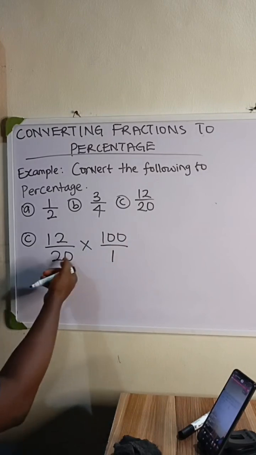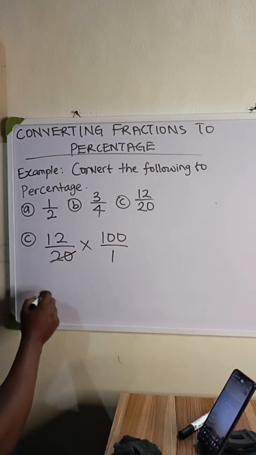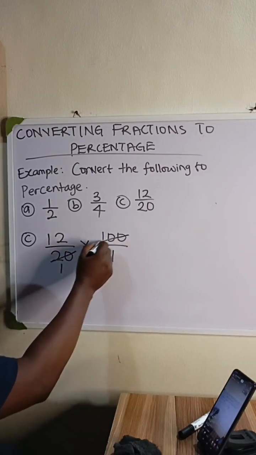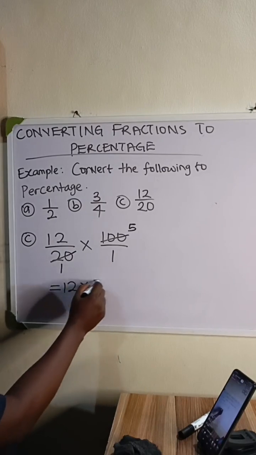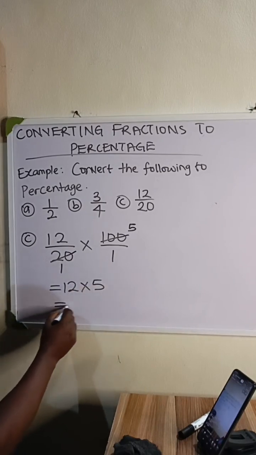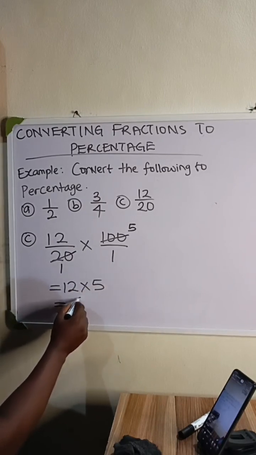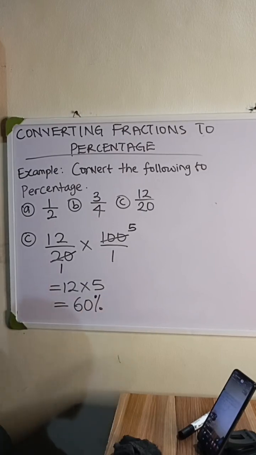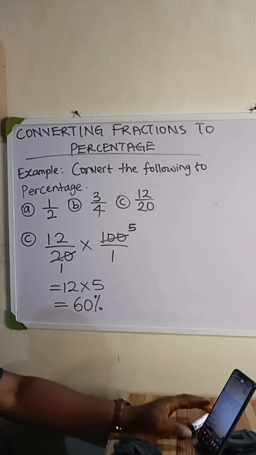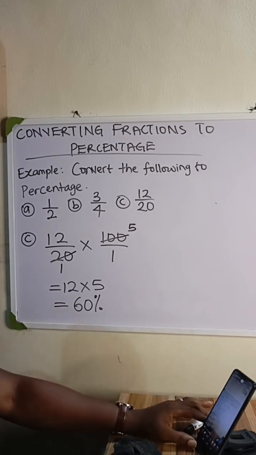So we can just cancel out 20 here, 1. 20 here, 5. So we have 12 times 5, which gives us a correct 60%. That's good. Well done.